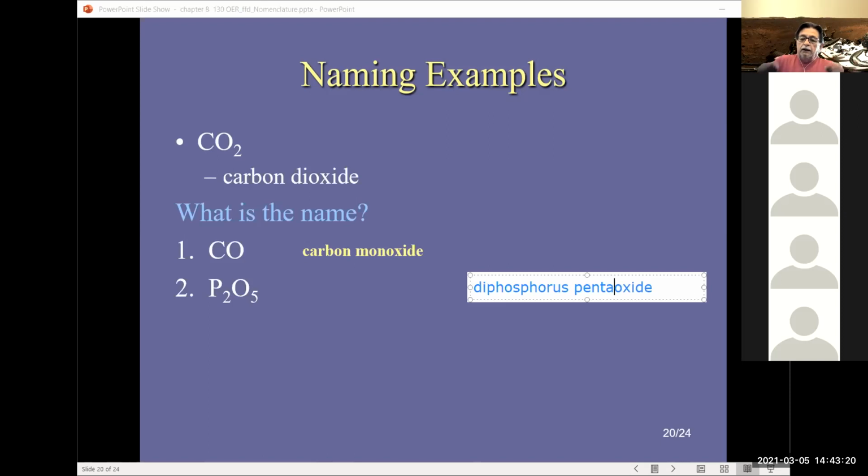Now, here's the English. The English people have told me that when you have 2 vowels and you're going to put them together, like we're doing here, you got the A and the O, that the A needs to be dropped. Okay, and so technically, from an English perspective, you drop the A and then you put in the pen, so it's pentoxide.